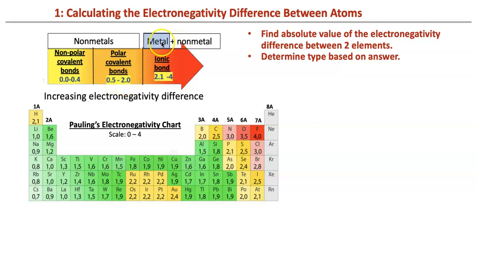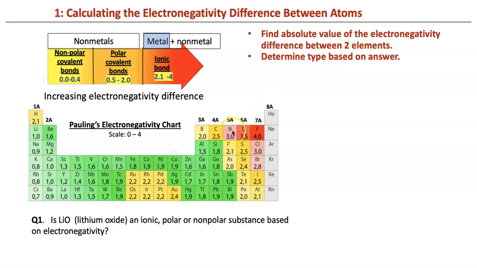And if you are a metal interacting with a non-metal and you have electronegativity difference between 2.1 and 4, you form an ionic bond. So you're going to first calculate the electronegativity difference and then find where in this diagram the difference fits to find the type of bond.